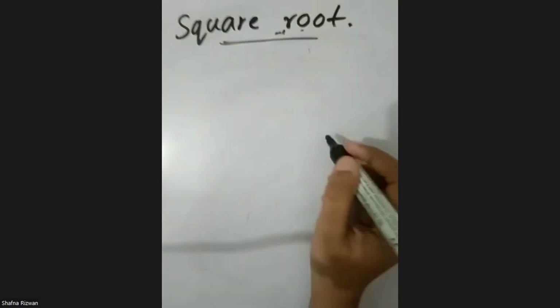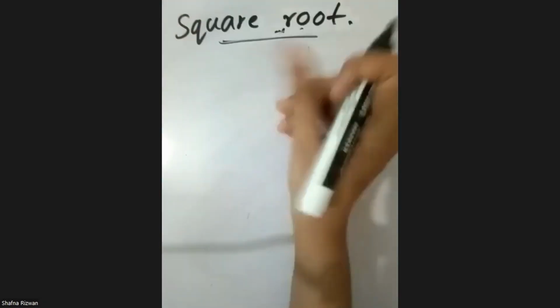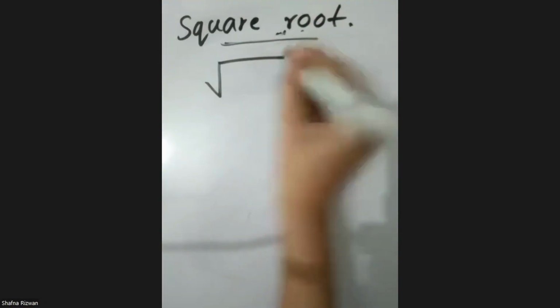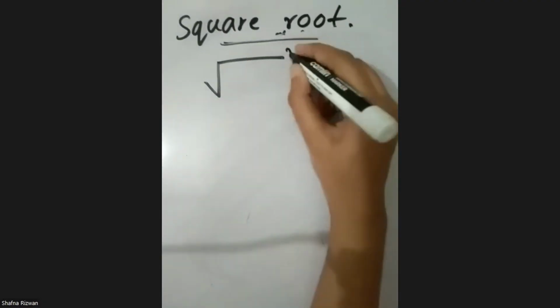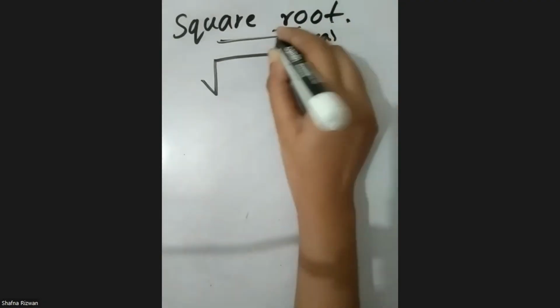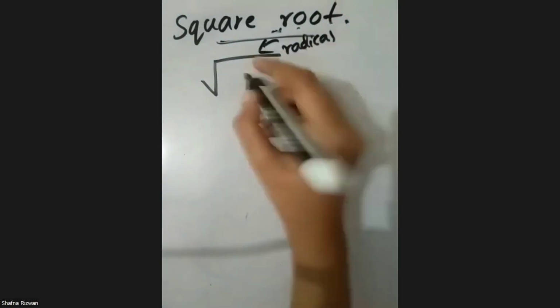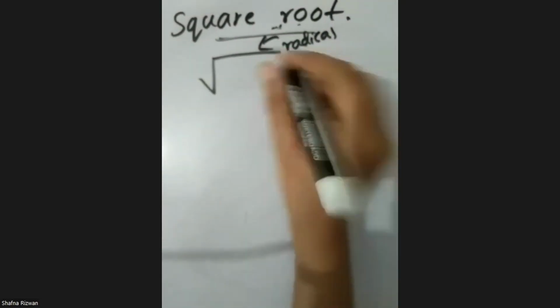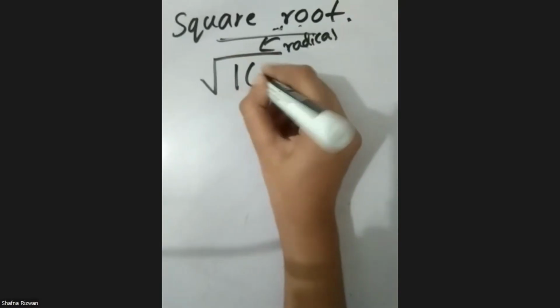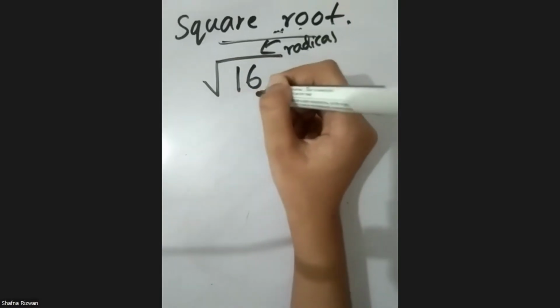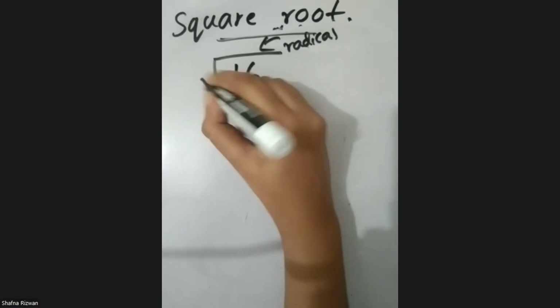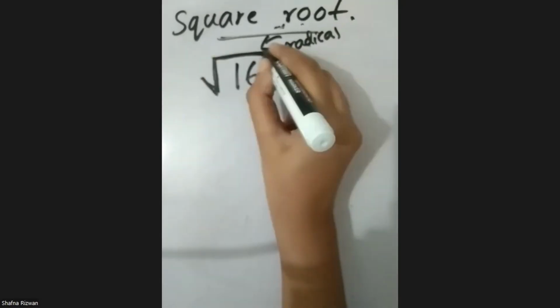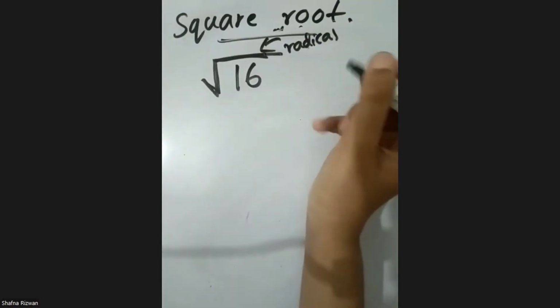So if you take square root, always remember that we use a symbol like this. You call it a radical symbol. So we use this symbol and we write any square. Let's say I'm taking 16 here. This is the number where you are going to find the square root.